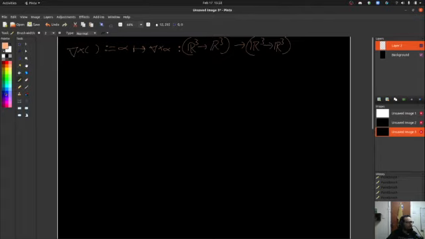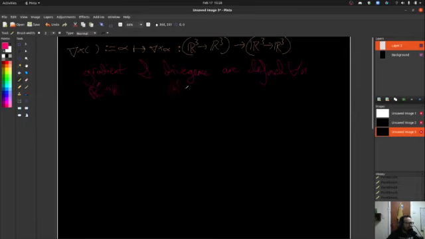So let me just write that down. Gradients and divergence are defined for all n, i.e. gradient is defined for Rn into R, and divergence is defined from Rn into Rn, for functions.